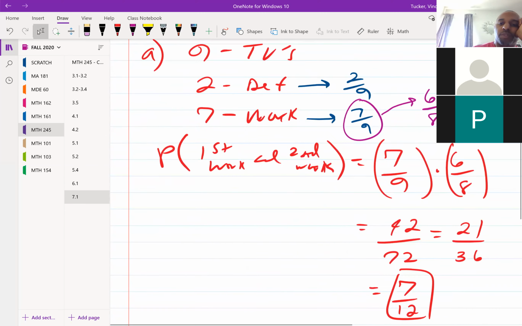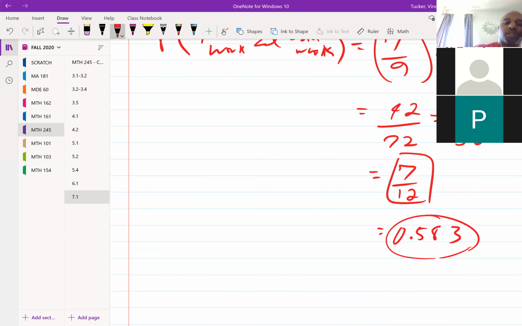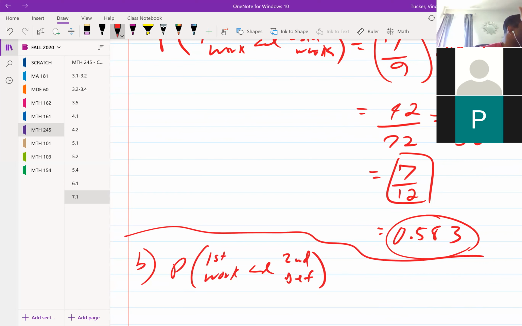So B is the probability that one works and the other one doesn't. All right, so for the next one, we want the probability of the first one working and the second one defective.